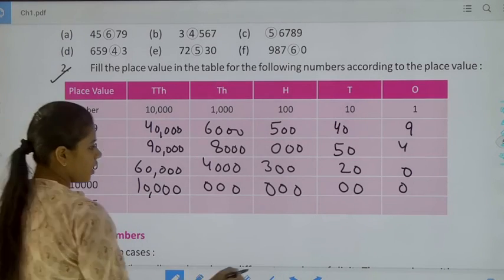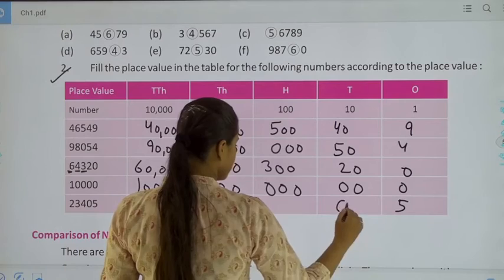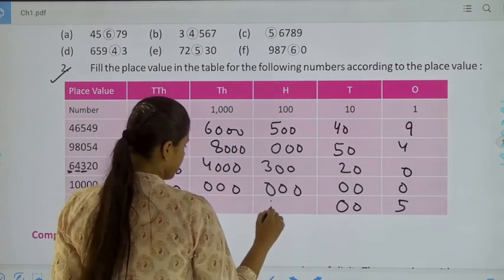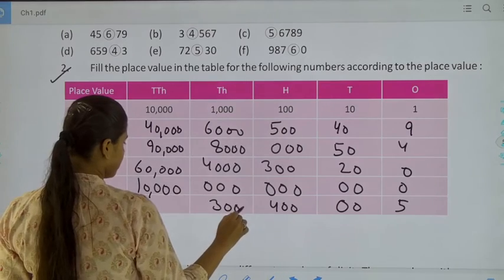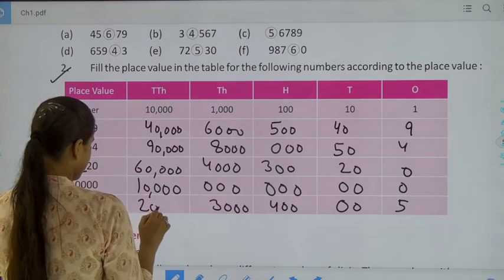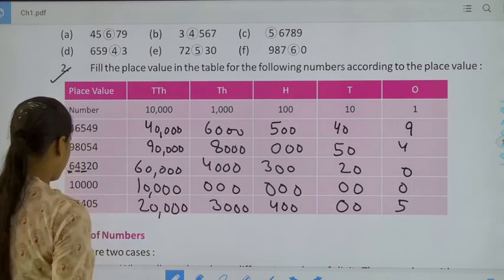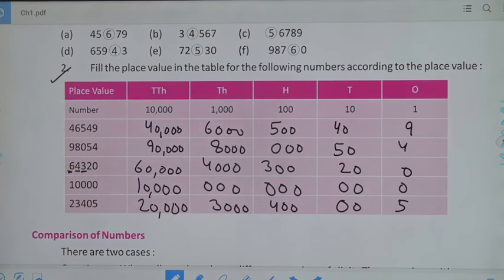Now move to the next. Ones, tens, 100, 1000, and 10,000. तो ये स्टूडेंट्स क्या बन गया? 23,405. You have to do all these sums in your maths notebook as well as in your book.